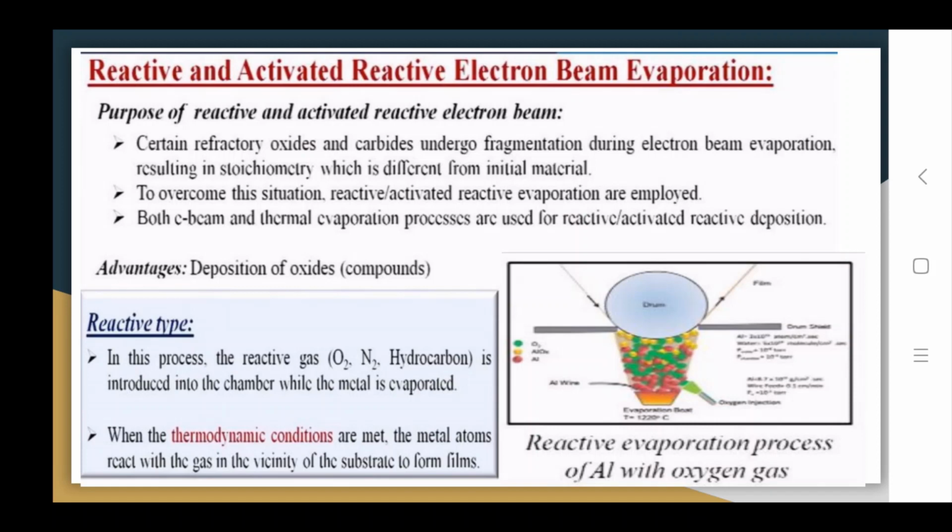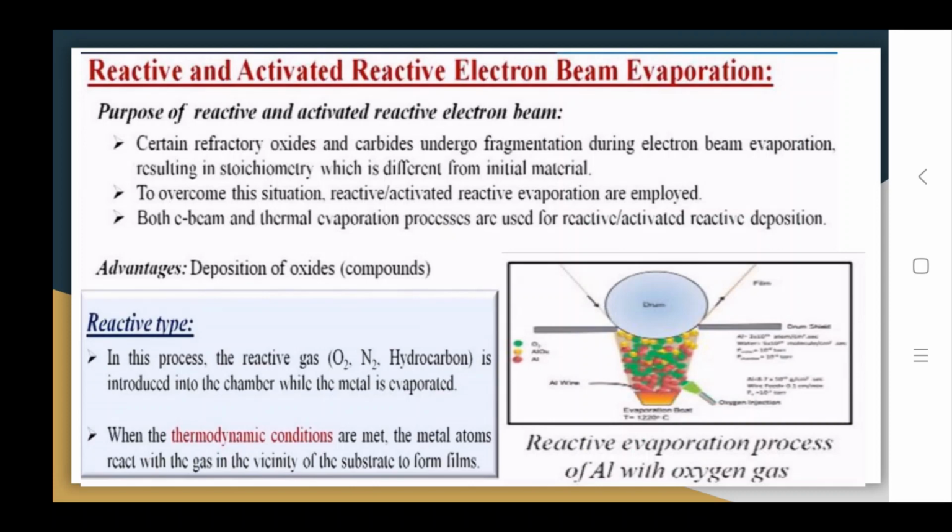So here we are using the gas as well as the atoms together to coat the metal or substrate. In this technique, for example, we use aluminum with oxygen gas, so it makes aluminum oxide, that is Al2O3.